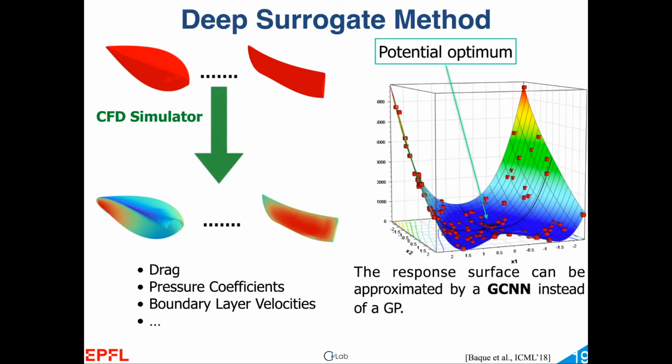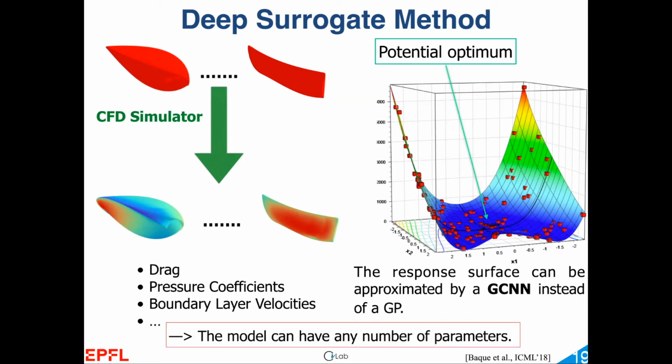And you can compute your response surface using not GPs, but instead convolutional neural networks, and more specifically, geodesic convolutional neural networks. Why geodesic? Because you need a neural net that operates not on an image, but on a 3D mesh that represents a physical object that can be irregular.